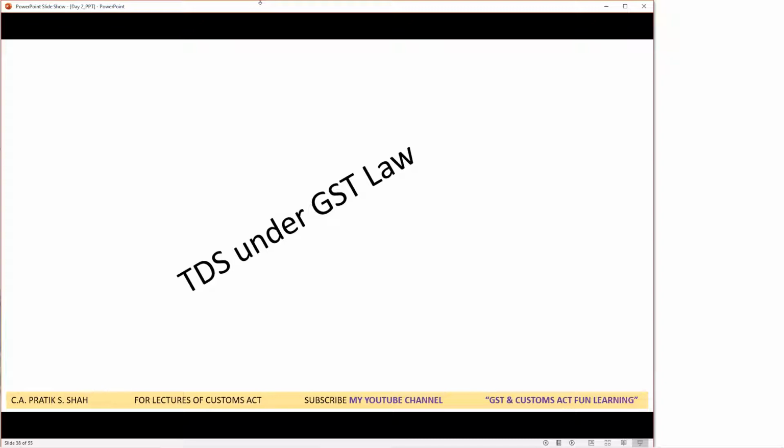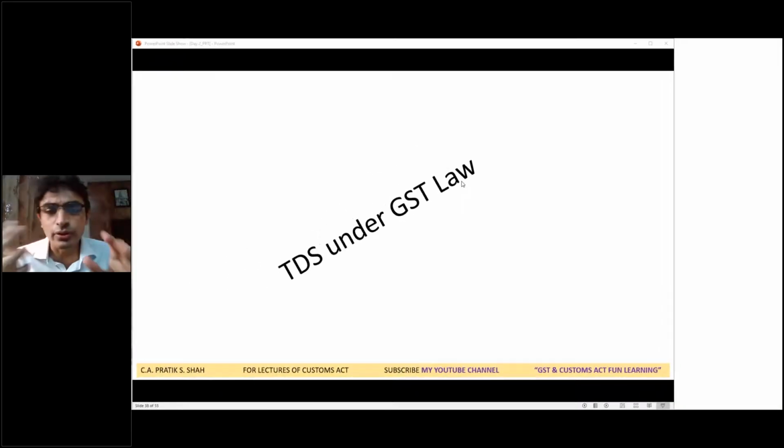Okay. The second, someone has asked about e-commerce operator and section 24. What is section 24? That is for the compulsory registrations. Section 24 means compulsory registration. Suppose I am Ola, Uber, or suppose I am Make My Trip, Go Ibibo. Through my portal, these people are supplying service.